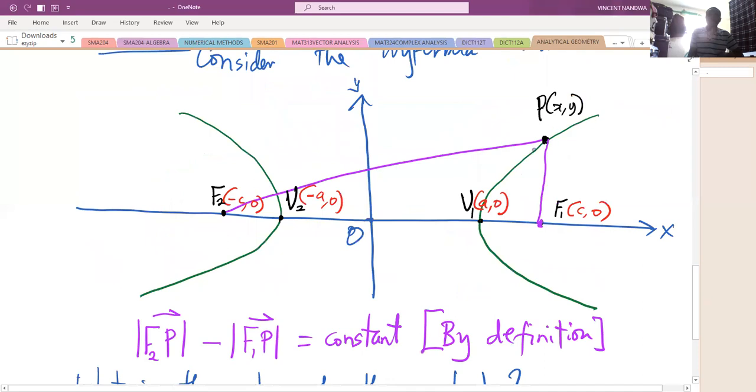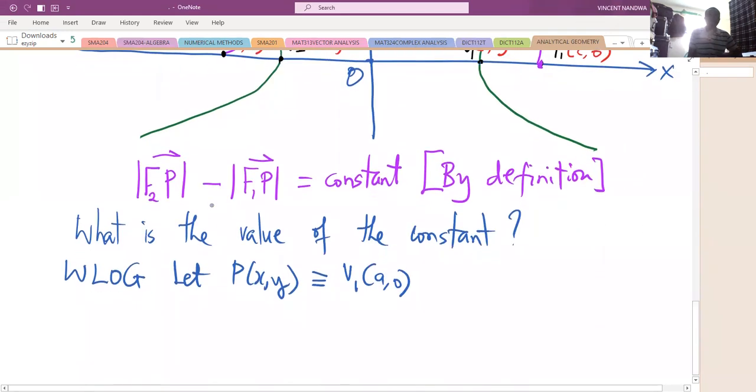And this is the curve, so it's also possible that V1 is still on the curve. Therefore, if I assume that my P is here, then there's no mistake I'm making. So where there's P, I'll put V1. So I say F2V1 minus F1V1. So this distance.